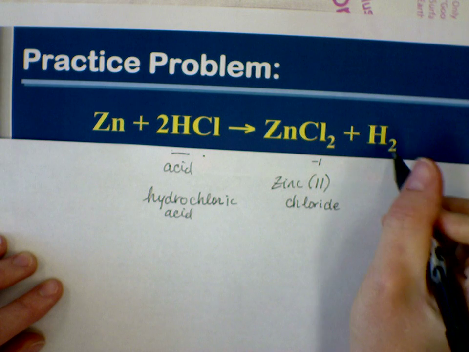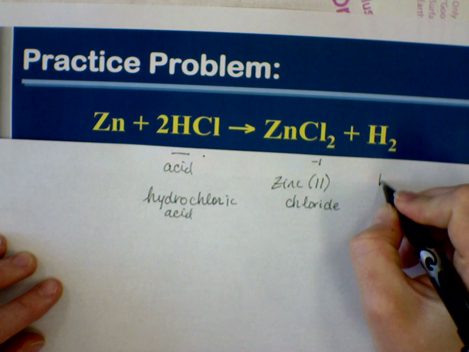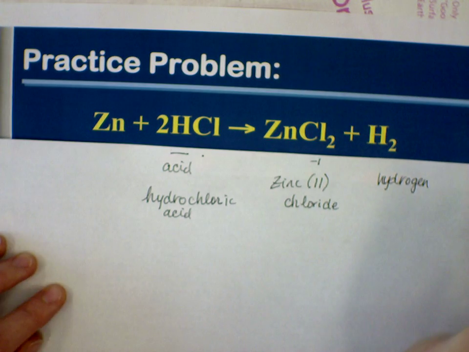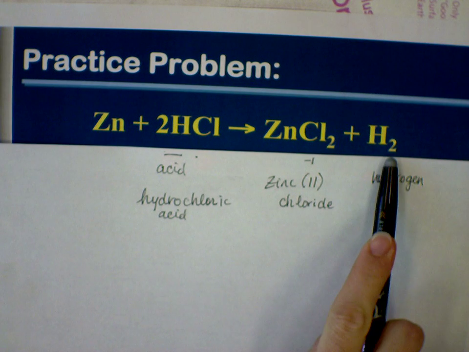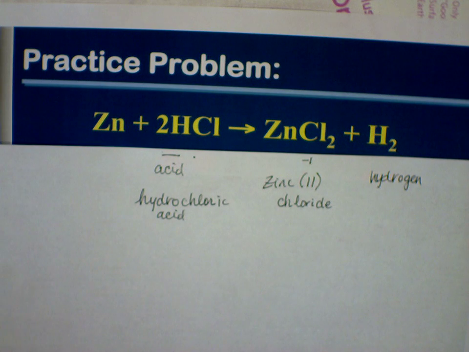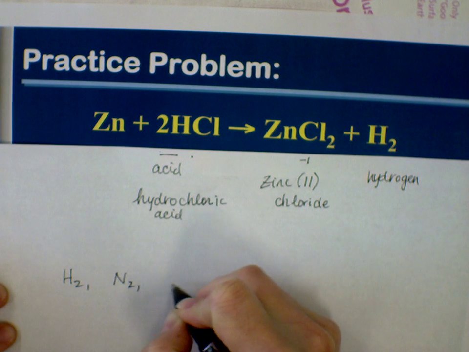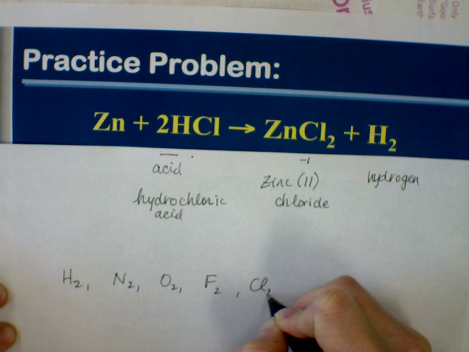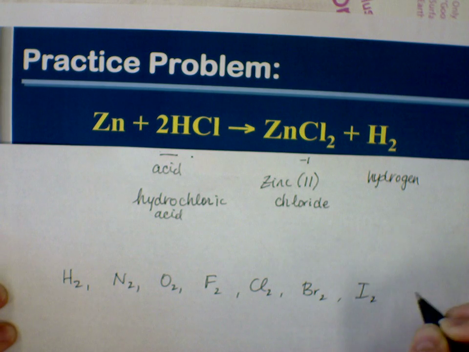And then lastly, H2. H2 is one of my diatomic elements, so I just name it hydrogen. And that's it. It's hydrogen. Anytime I see hydrogen in a reaction, it's H2, not just H. You have to remember all of your diatomics, like hydrogen, nitrogen, oxygen, fluorine, chlorine, bromine, and iodine.